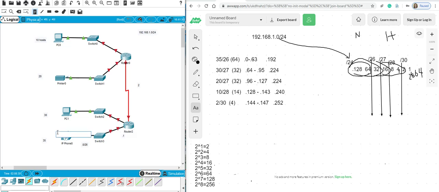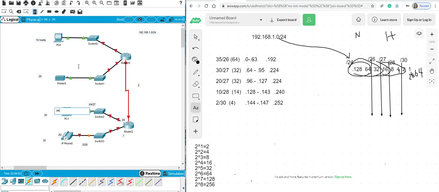My last available over here would be the 62. Now I'm going to go to my group of 30. So this would be the .64 network with a /27. That would mean this Ethernet interface would be 65. That means this would be a 94.